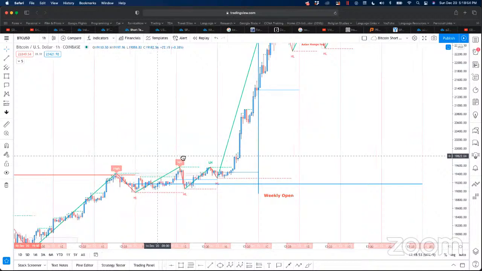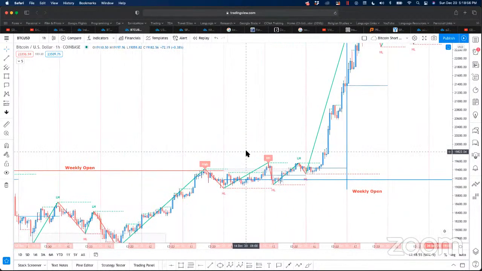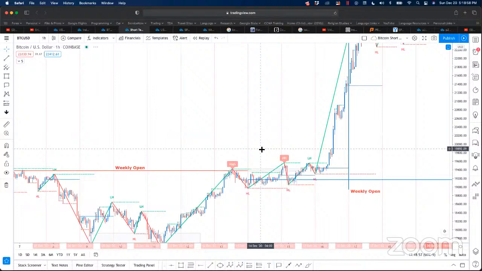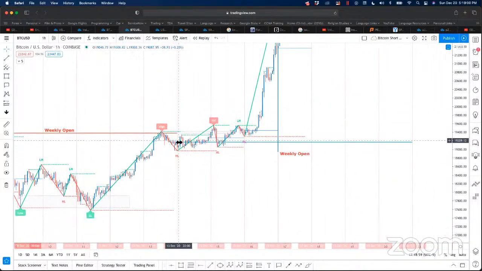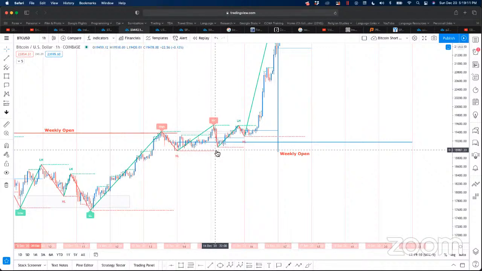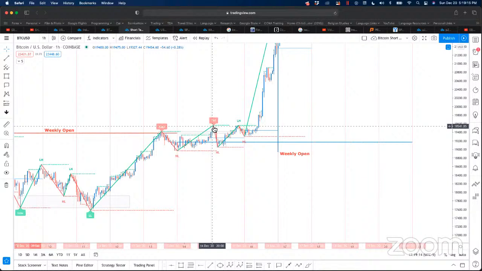Dude, if we take this same approach, guess what? Our weekly opening was here. It pushed down below. It gave us a temporary low right here, right? Then we break and push above this to make a high.